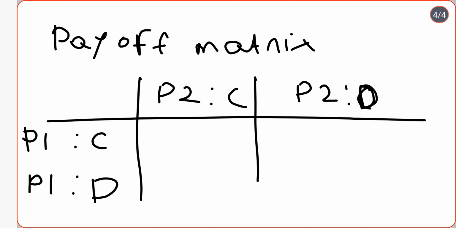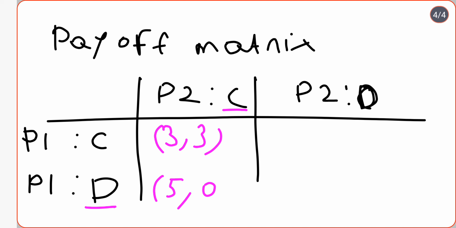When player 1 and player 2 are both confessing, both get 3 years of imprisonment. When player 2 is confessing but player 1 is denying, player 1 gets 5 years of imprisonment, and player 2 gets 0 years. That is, he is not punished here.